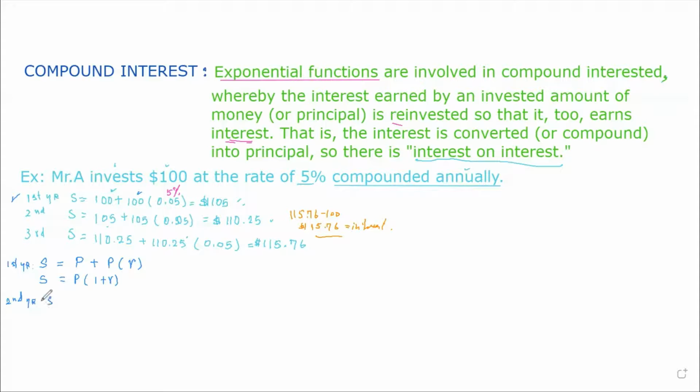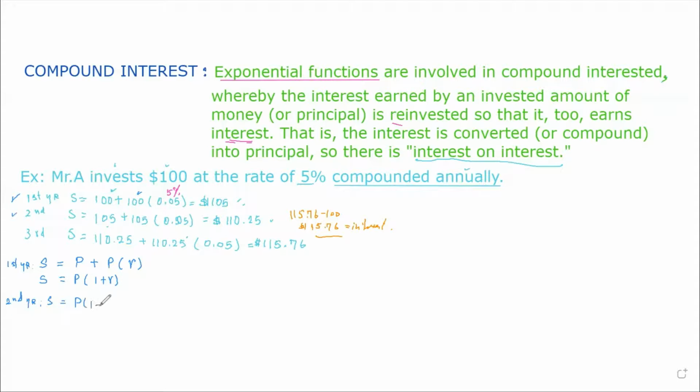Now the second year. If I want to find the sum, I do the same thing as before, but right now we use letters to represent the numbers to get a formula. So for the second year, this is P, principal plus interest, the whole thing from the first year. The 105 means P(1 plus R).